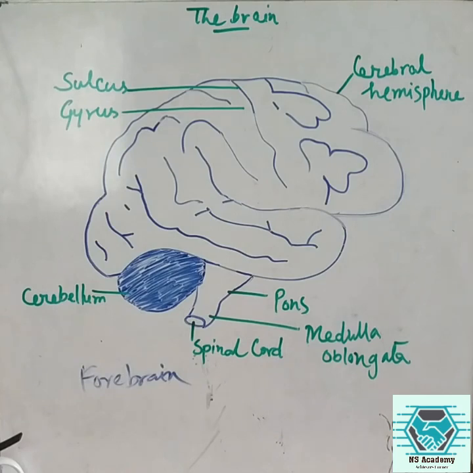The part around the third ventricle, caudal to the interventricular foramina, is called diencephalon, and the rest is called telencephalon.